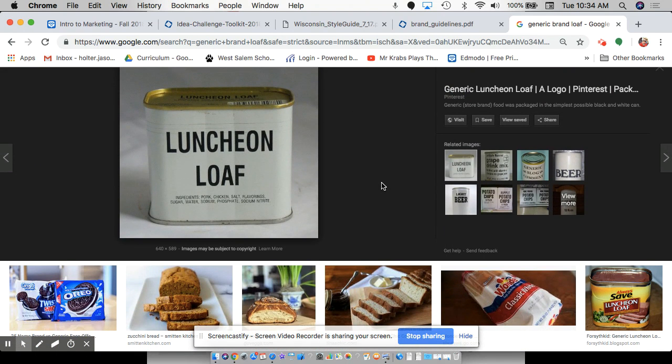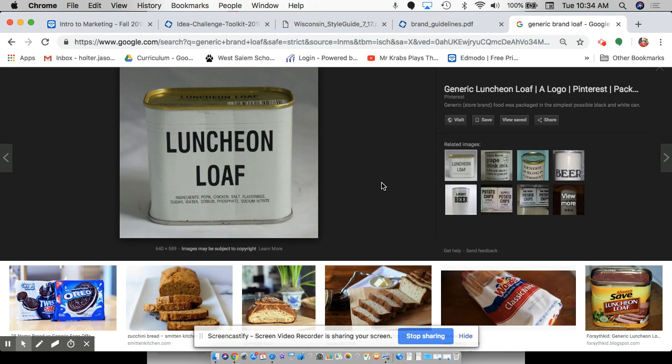So this is what generic would look like. Actually, the term store brand has been kind of substituted for generic. It's really not the same thing. Generic brand is a company that does not spend any money on advertising, on packaging, on any of that stuff. This is just the essentials of the food and the can that it comes in.